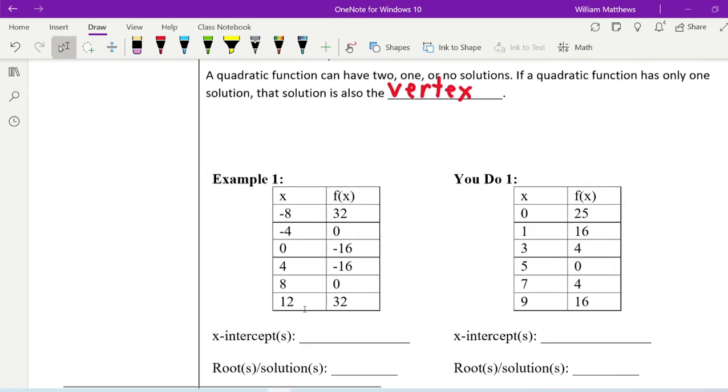Now, like the statement earlier, when we're looking at a table, we are trying to find out whenever our y value is 0. That is going to be our solutions to the problem. Now for quadratics, you have a max of 2 and a minimum of 0 solutions. So since we found 2 here, those are going to be our x-intercepts.